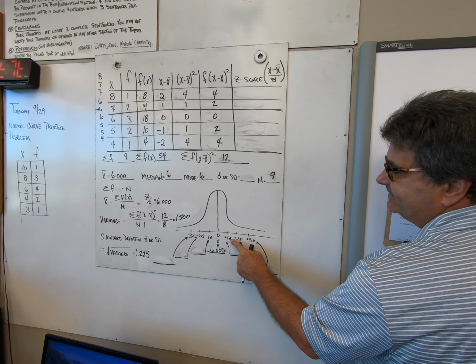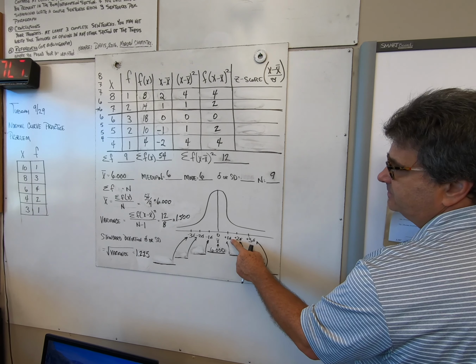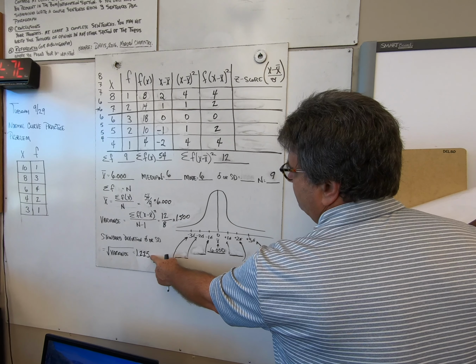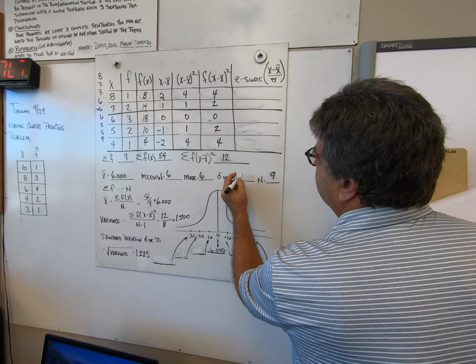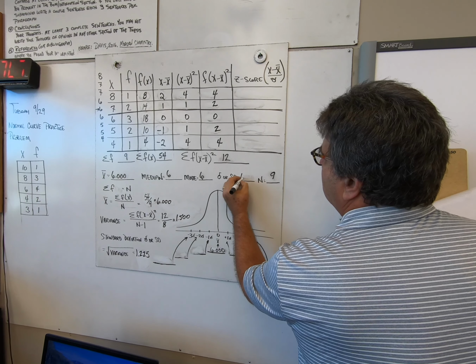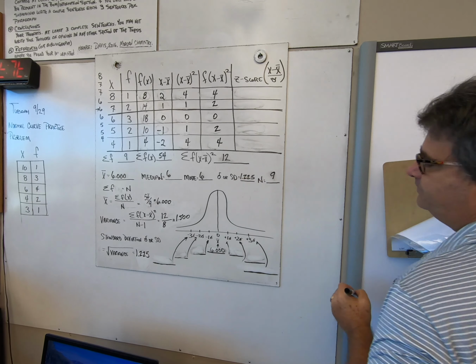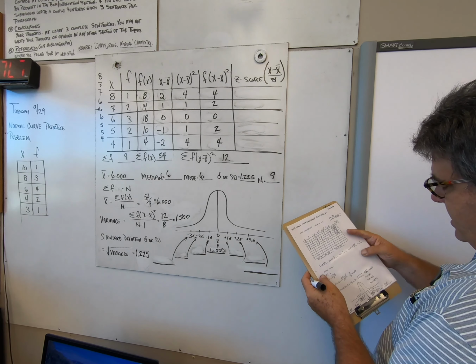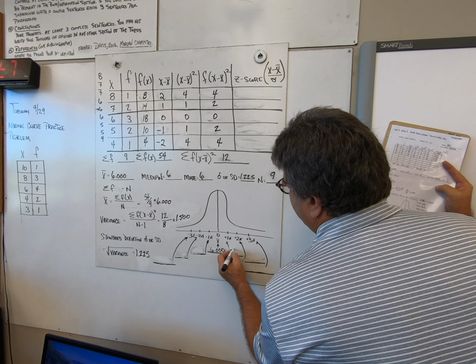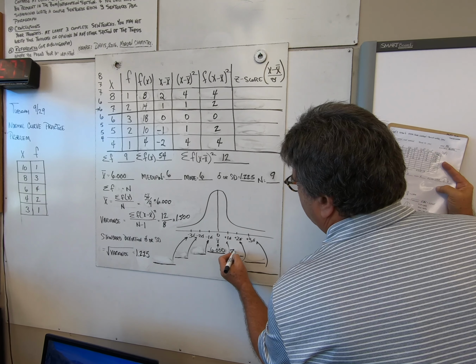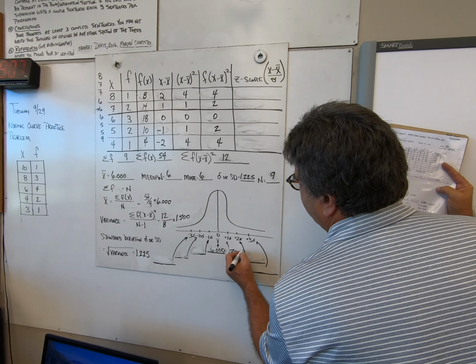I have to add a standard deviation. The standard deviation is this number right here, 1.225. Let's put it up here. 1.225. Okay. When I add 1 to it, I get 7.225.